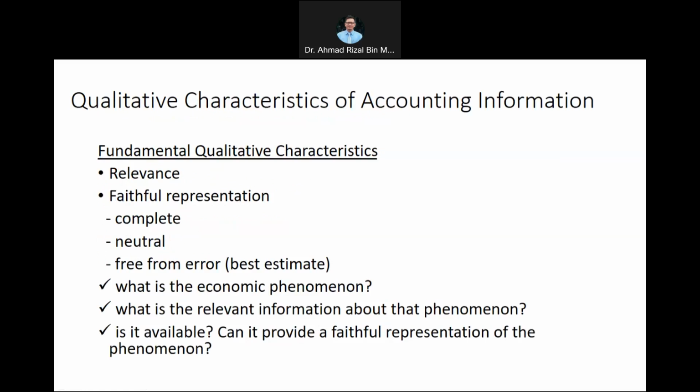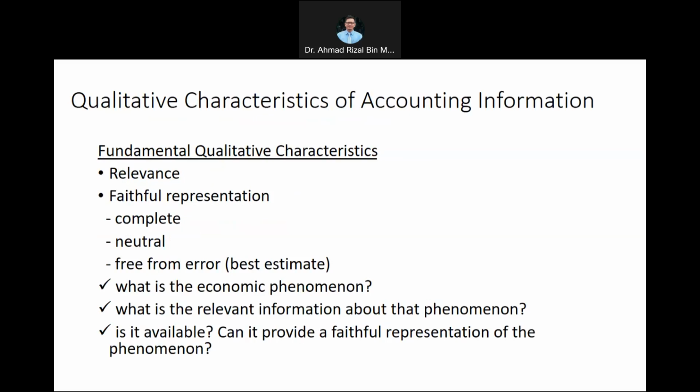Now, when we look at the word qualitative, as opposed to quantitative, of course, quantitative are numerical, quantified. So it is pretty much straightforward and objective, right? It's black and white.